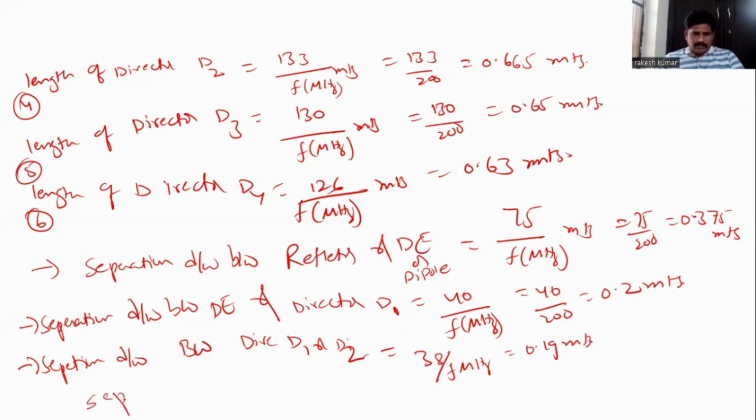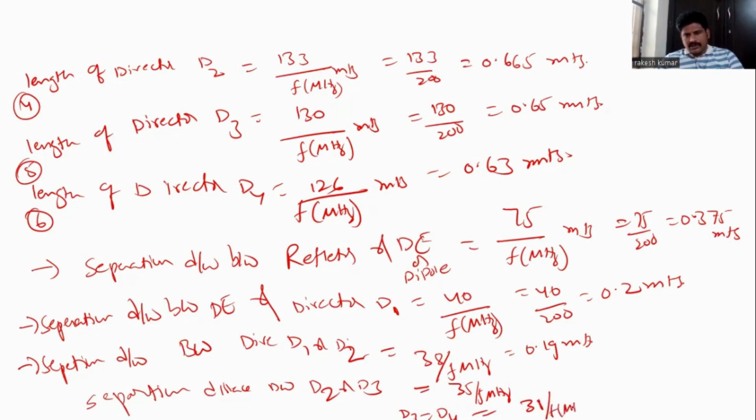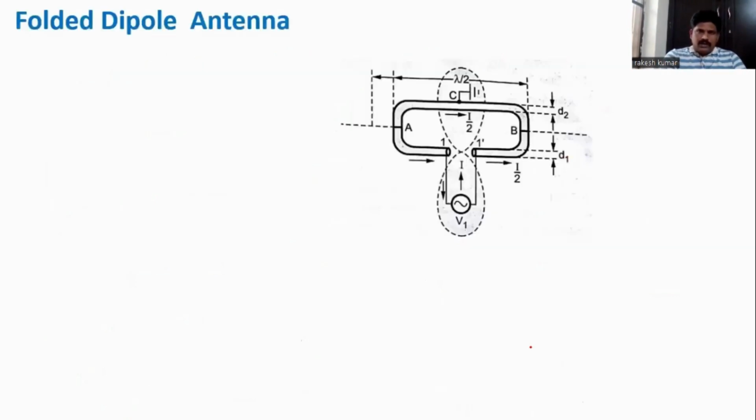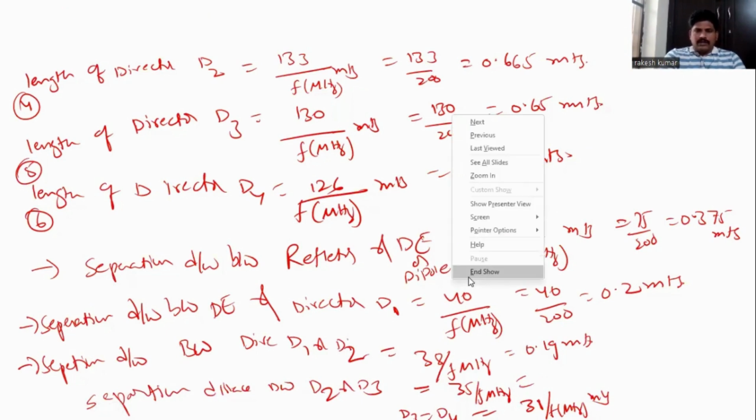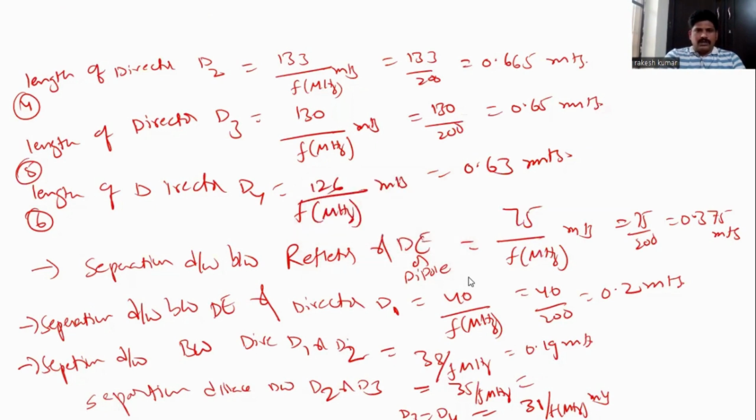Similarly, separation distance between D2 and D3. This formula is 35 by F in megahertz. And similarly, D3 and D4 is 31 by F in megahertz, in meters. Okay, so now we'll summarize all these values and we will draw the diagram.